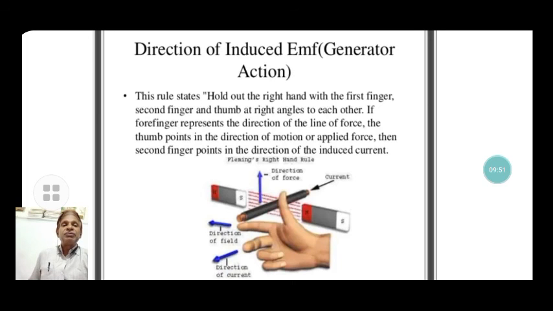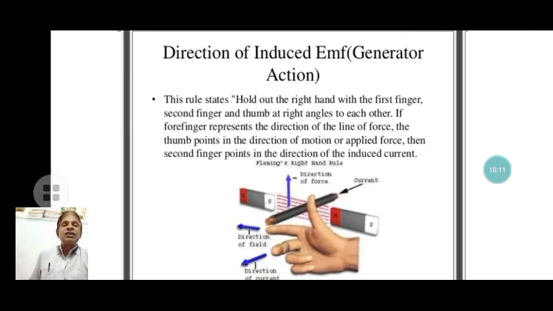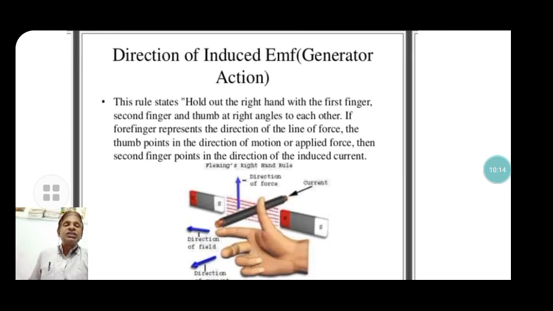If the forefinger represents the direction of magnetic field, the thumb points in the direction of motion or applied force on the coil, then the second finger, the middle finger, points in the direction of induced current. On the basis of Fleming's right hand rule, we can determine the direction of induced current in the coil, applicable in the dynamo. We will study the construction and function of the dynamo, where this rule will apply.